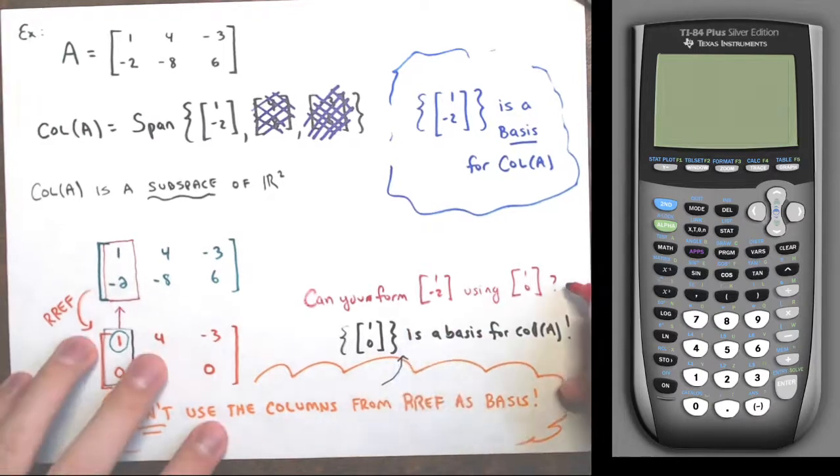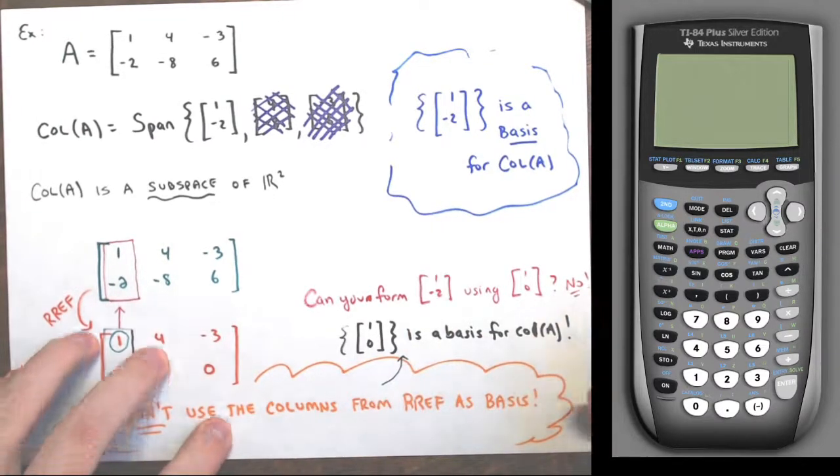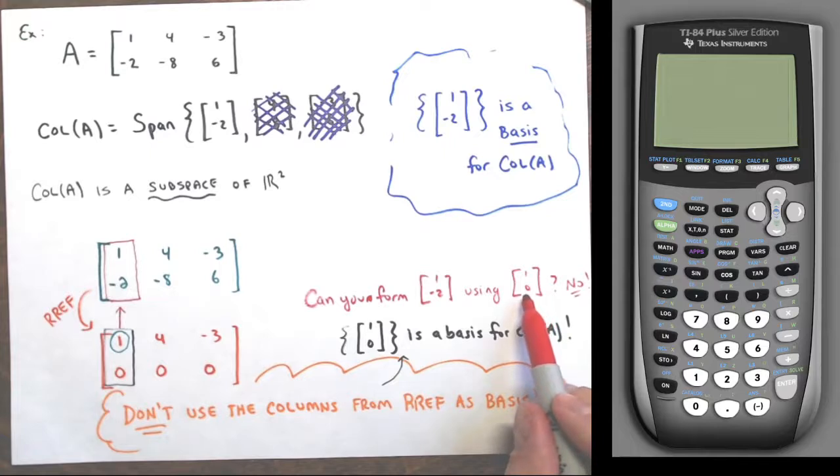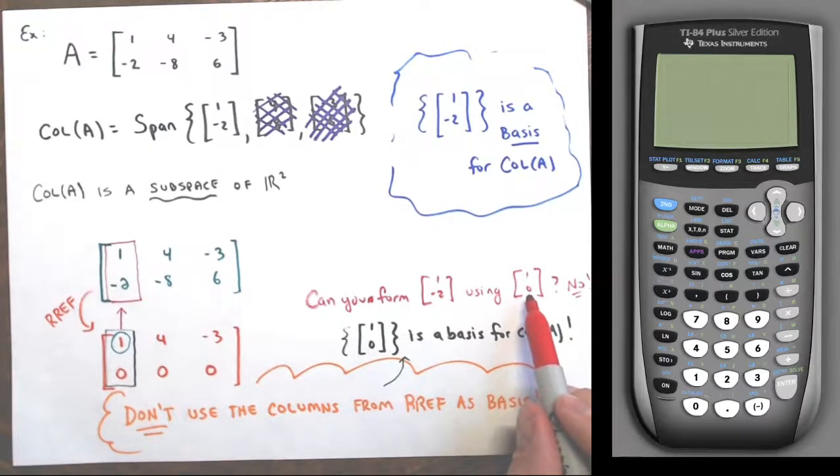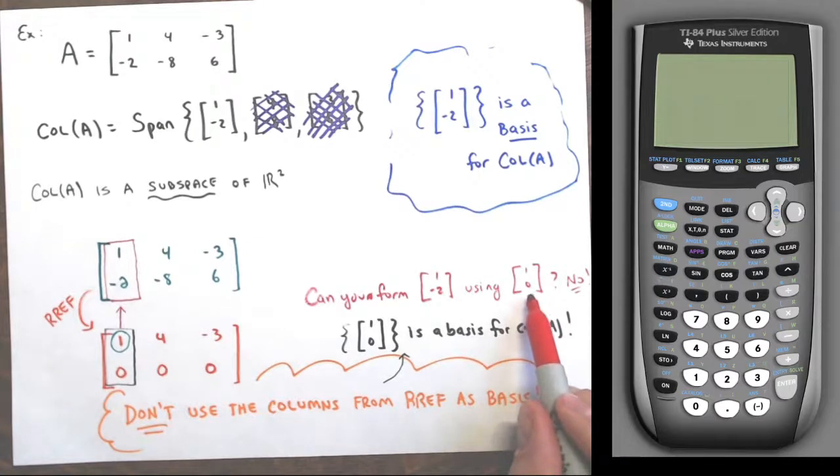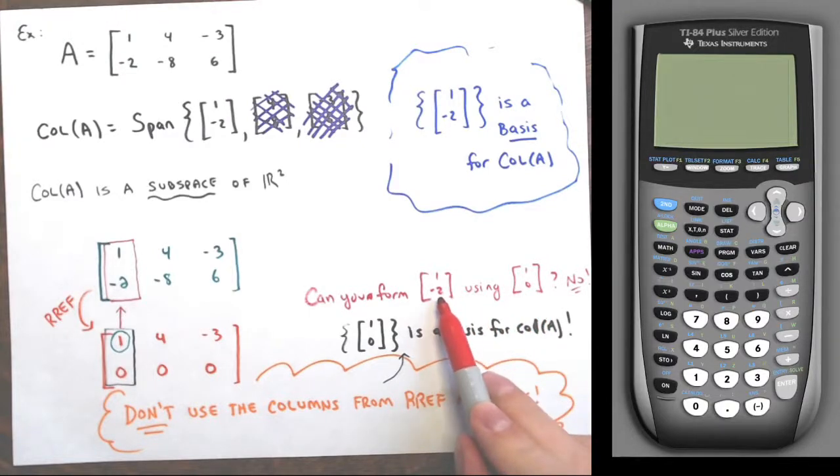The answer is no, you can't. If I take 1, 0 and ask how to use this vector and only its scalar multiples, you can multiply this vector by any scalar, and the second component will always be 0. You're never going to get a second component of -2.